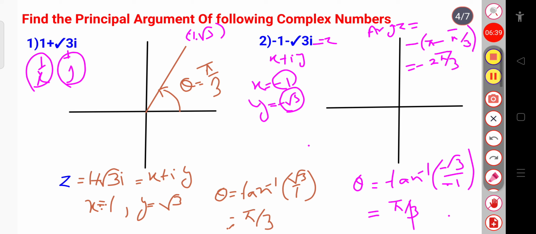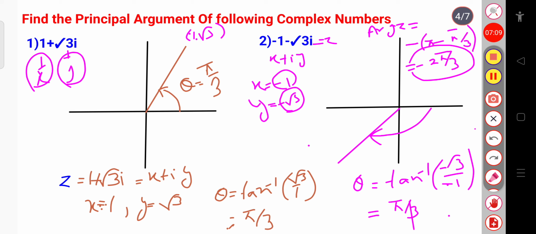So this is the principal argument of z, that is minus 2 pi by 3, or you can plot it. If you remember, when theta is negative, from the first class I have already told you, we are considering the angle in the clockwise direction.